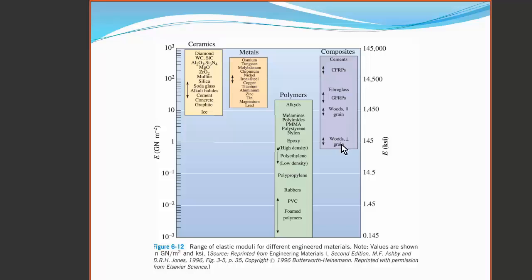Then we have composites, natural composites here shown, wood grain, and here we have carbon fiber reinforced polymers or plastics, which have pretty high stiffness. And then the highest stiffness here in the composites area is for cements. We see metals are definitely high up in terms of the stiffness, but the stiffest materials are ceramics, and diamond topping the list as the stiffest material, the material with the highest elastic modulus.